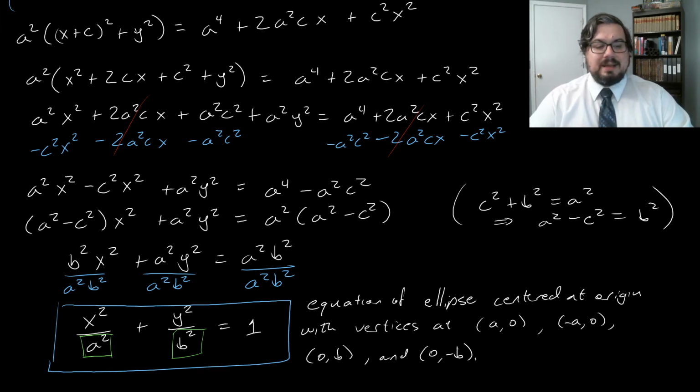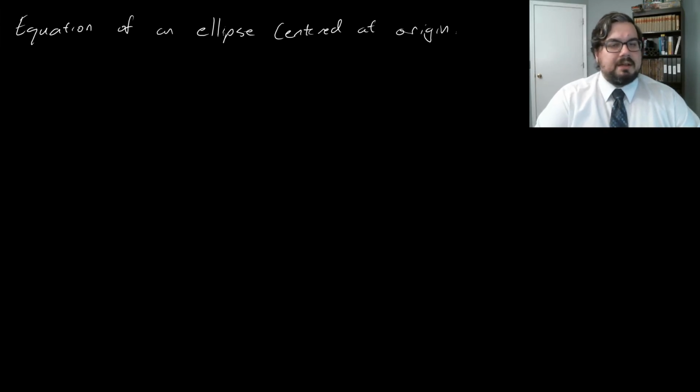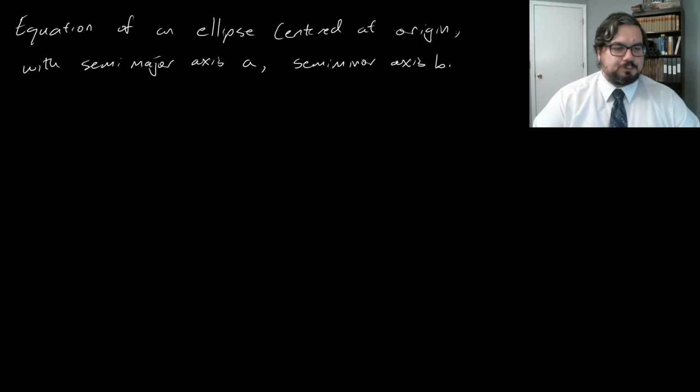Let's go ahead and summarize this, as we did for the parabolas. So the equation of an ellipse centered at the origin with semi-major axis a and semi-minor axis b.